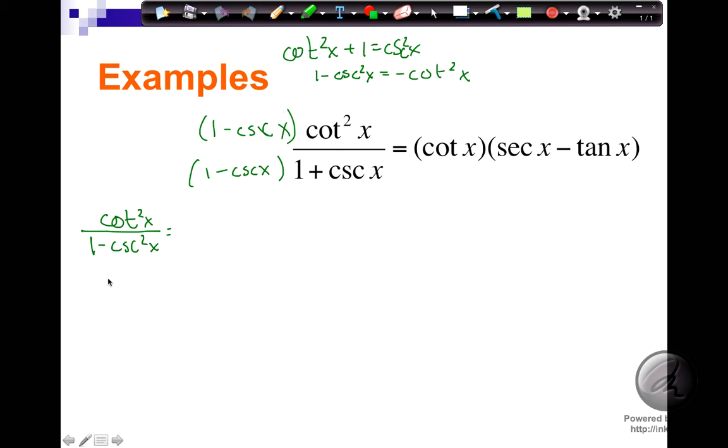Let's see. So here I get cotangent squared over negative cotangent squared. And that's equal to negative 1. But that doesn't seem right.